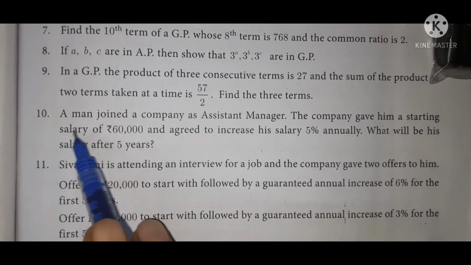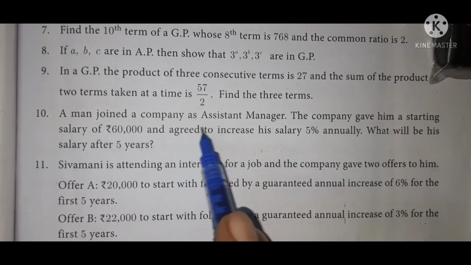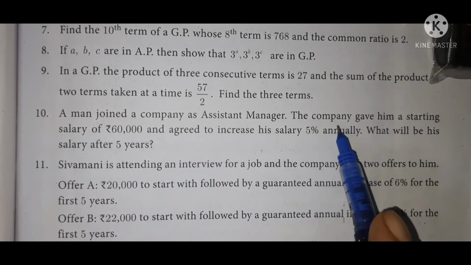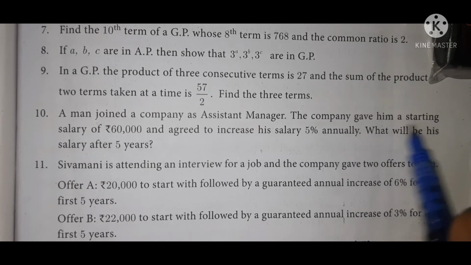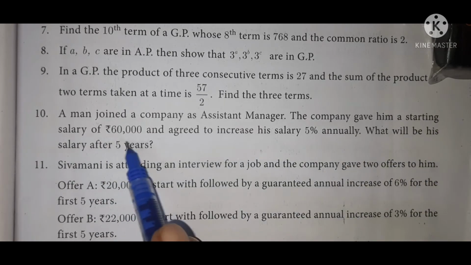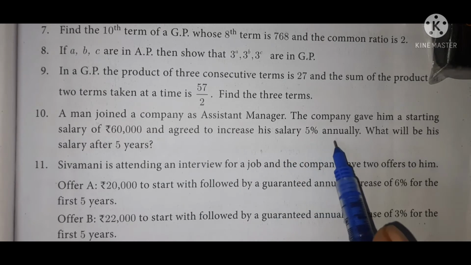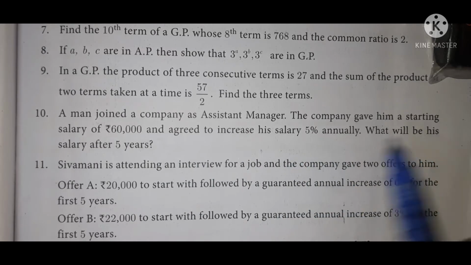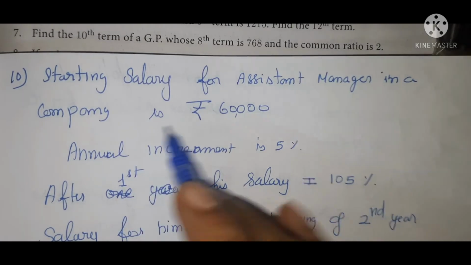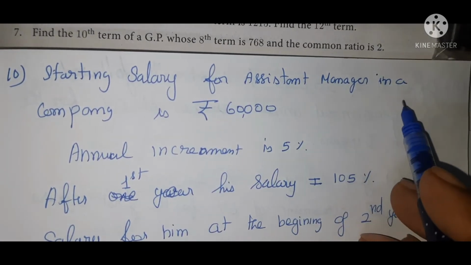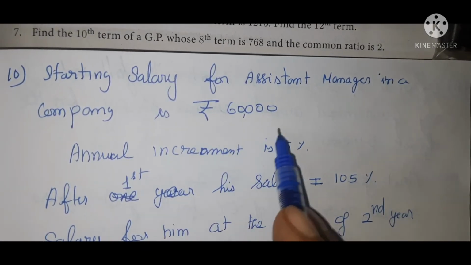10th sum. A man joined a company as assistant manager. The company gave him a starting salary of rupees 60,000 and agreed to increase his salary 5% annually. What will be his salary after 5 years? Starting salary for the assistant manager is rupees 60,000.